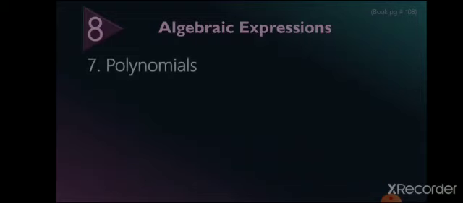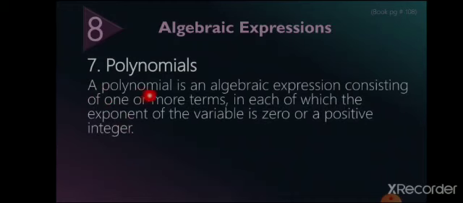Okay, next are polynomials. So a polynomial is an algebraic expression consisting of one or more terms, in each of which the exponent of the variable is 0 or a positive integer. For example, these are the values. It's 1 by 2y, 3y square, minus x cube y.